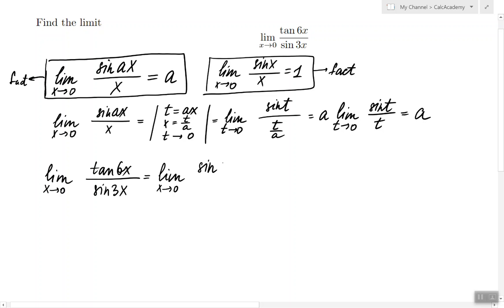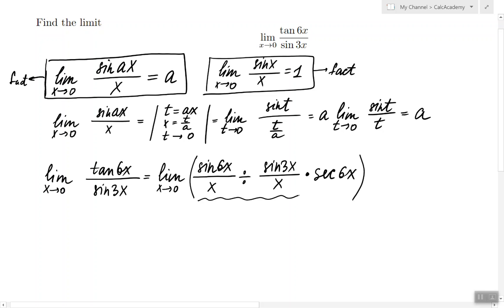It is sine of 6x divided by x, divided by sine of 3x divided by x, and multiplied by secant of 6x. You can double check this, but this entire expression can be collapsed to look like the original expression.